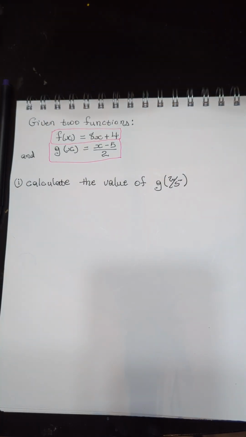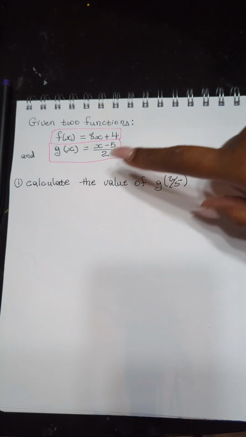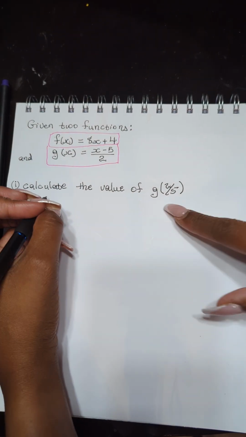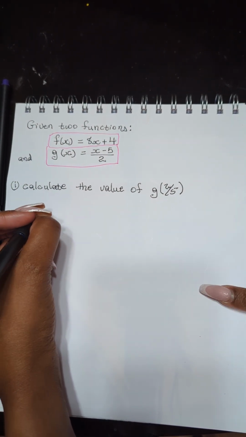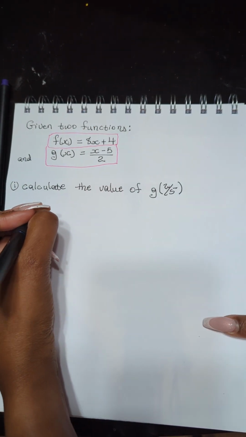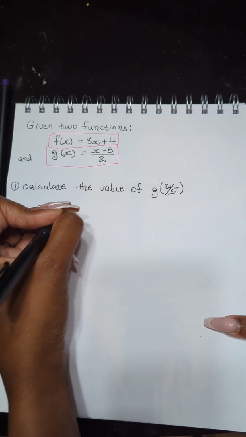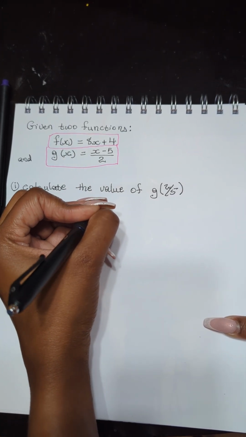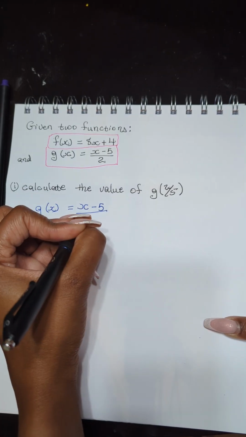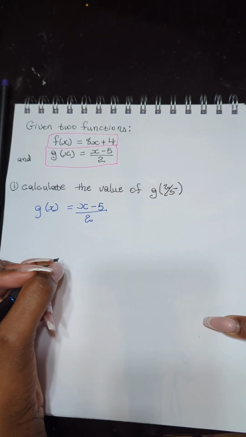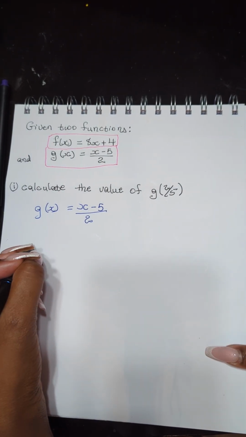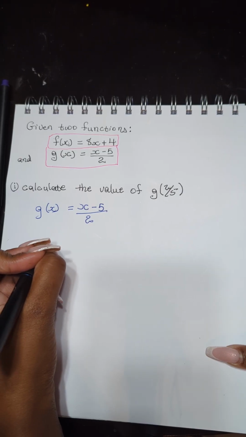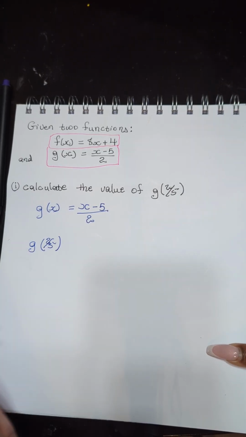All right, so let's rewrite the function that we're going to use. If we need to find g of 2/5, that means we're going to be using the g of x function. So we have g of x is equal to x minus 5 all over 2. Now they want us to find g of 2 over 5.